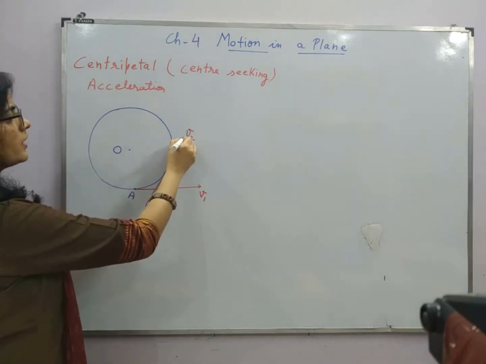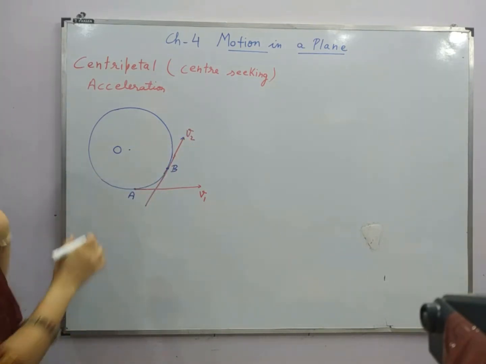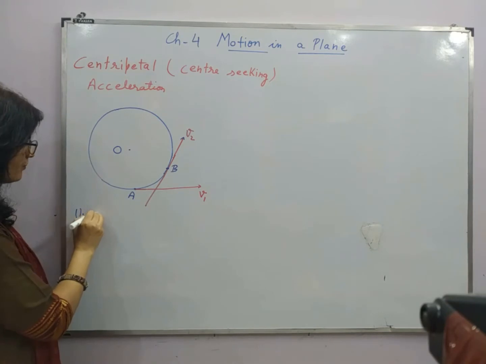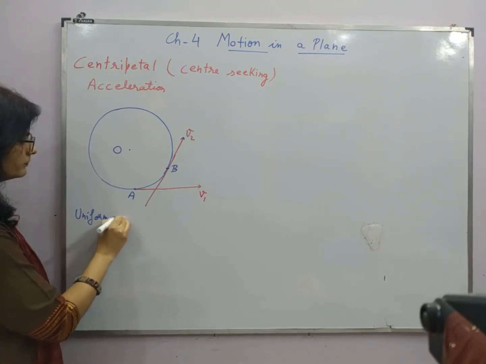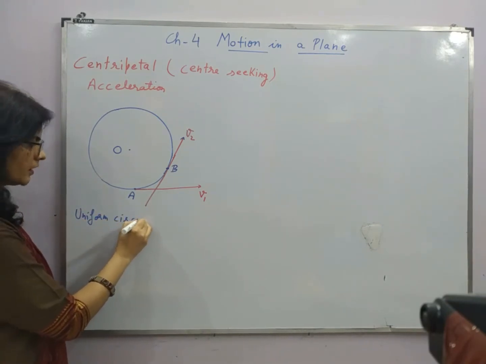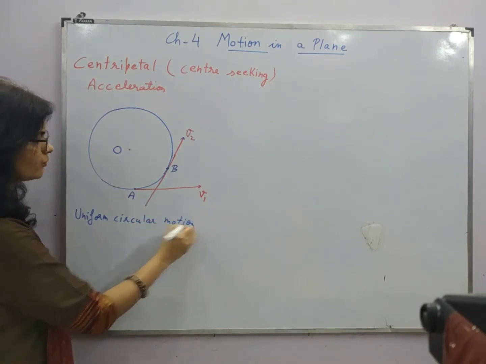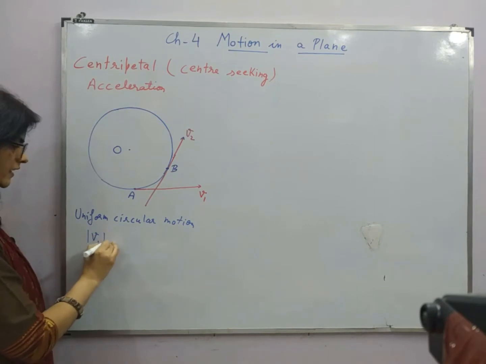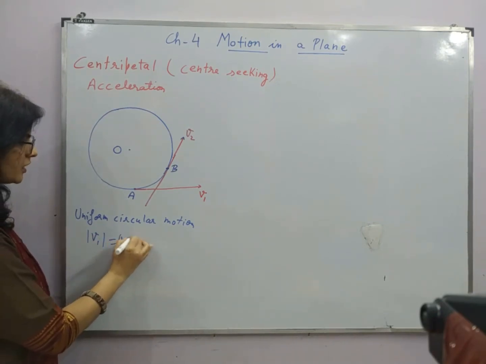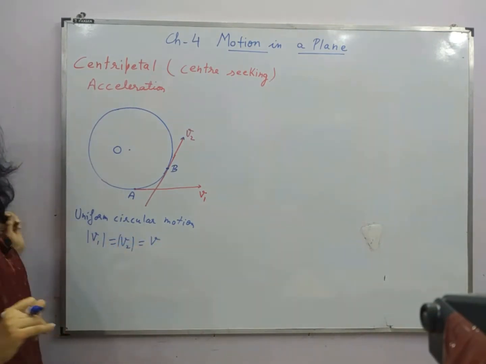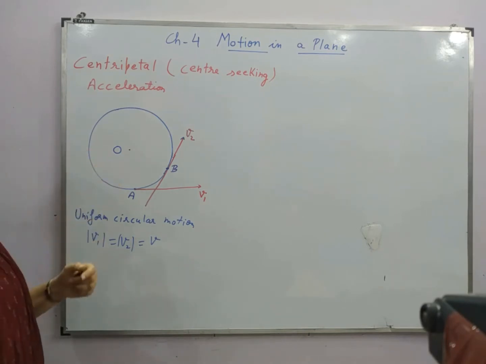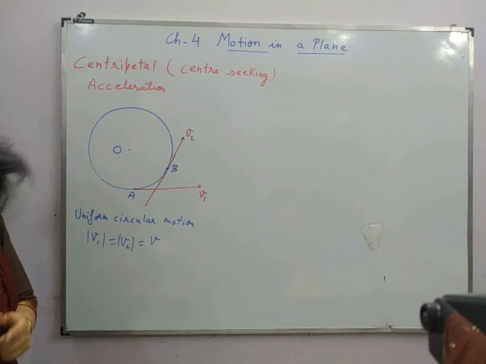This is point A during its journey, right? And this is uniform circular motion. So in uniform circular motion, we know that the magnitude of the velocity at every point is the same. That's why we say that the speed during its circular motion is constant, right?